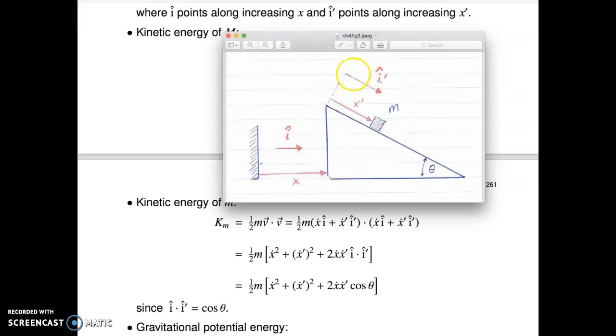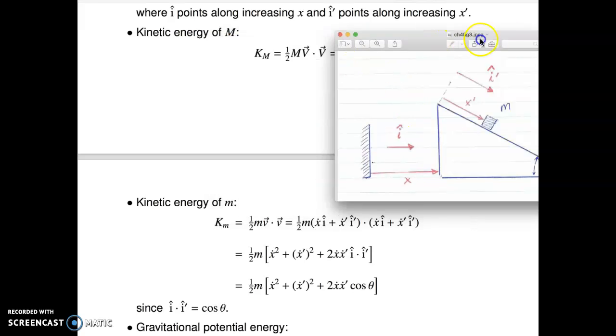This is i primed. What's the angle between these two? If you do a little geometry, you can see that whatever the angle of the incline is, theta will be the same as the angle between i and i primed. i would point like this, and i primed points like this, so the angle between them would be the same as this angle, theta.